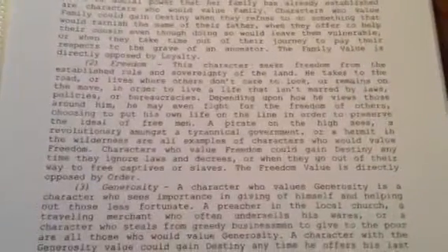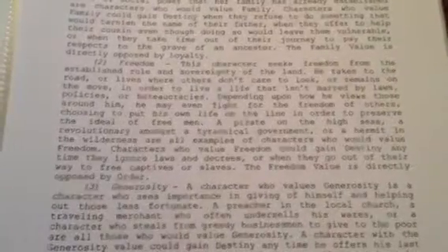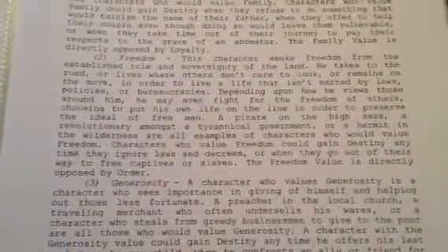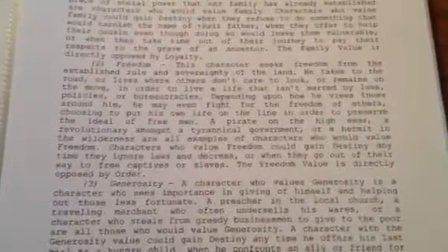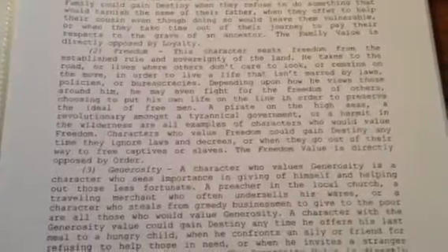Freedom is a very heroic one, and a very chaotic good sort of value. I don't like the D&D alignment system, but it's a good example in this case, in that someone who values freedom will fight to keep themselves free and to keep others free.